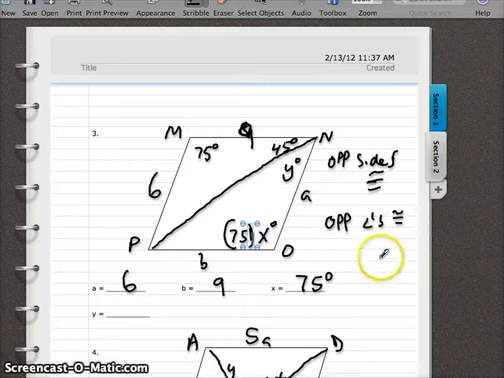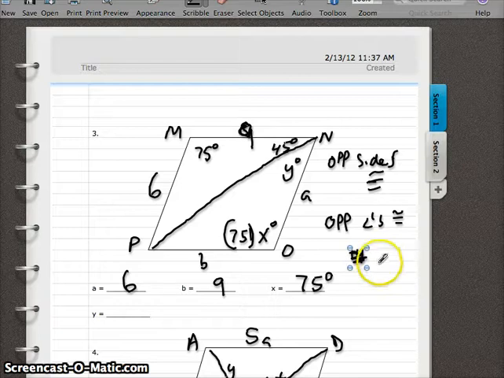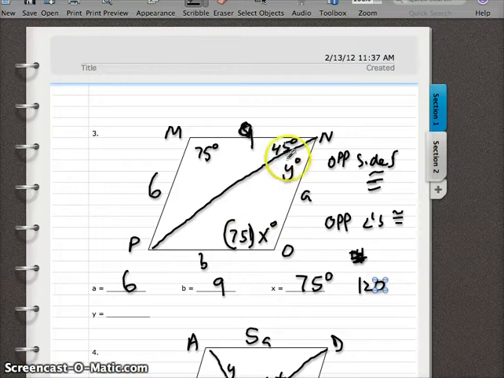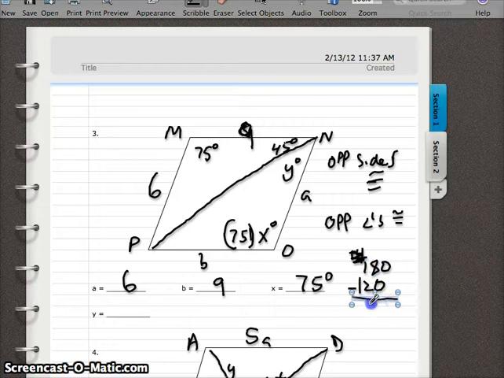Either way, you're going to be doing the same math. You're still adding what we know, 75 and 45. So that's 120 total, right? So how much are we missing from 180? Well, we're missing 60. So Y must be 60 degrees.